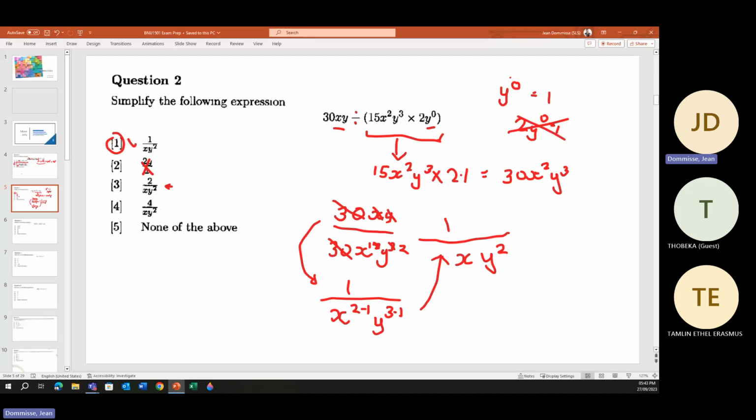So also very important to remember and go over the exponential rules. That was very early in the subject when we did the exponents. I think it was even in chapter 1, if I can remember correctly. But definitely there was a mistake, so it must have been 30xy divided by, and not minus. Because if it was minus, the answer would have been none of the above, because you couldn't have done anything with it.